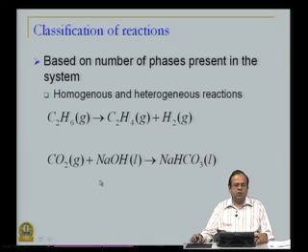On the other hand, take the reaction of absorption of carbon dioxide into hot alkali, in fact, this is one of the ways of getting rid of carbon dioxide from the gaseous emissions coming out of the reactor. This reaction, to give bicarbonate, is a heterogeneous reaction, because one of the reactants, CO2, is in the gas phase, another reactant, NaOH, is in the liquid phase, and the product is also in the liquid phase. So, more than one phase.